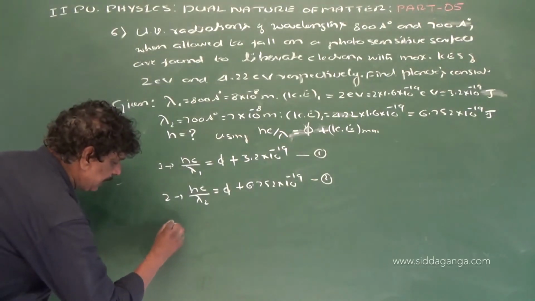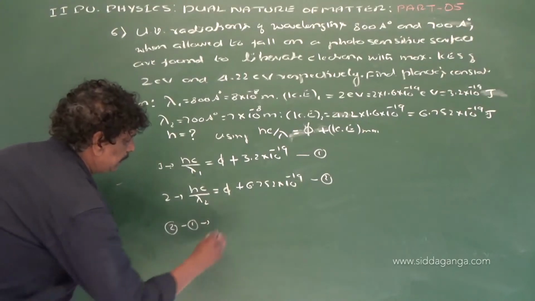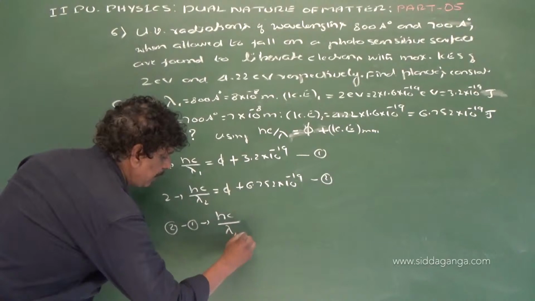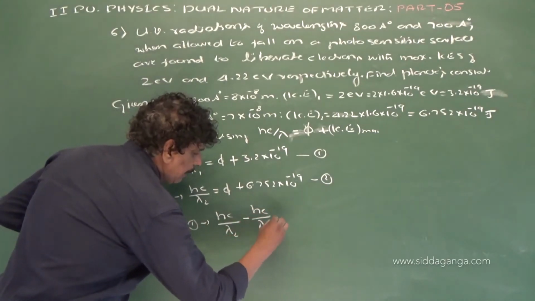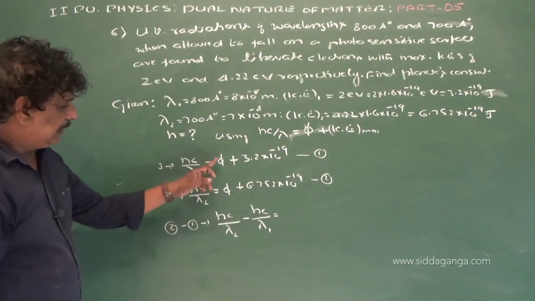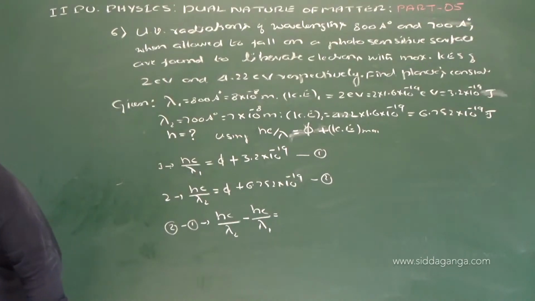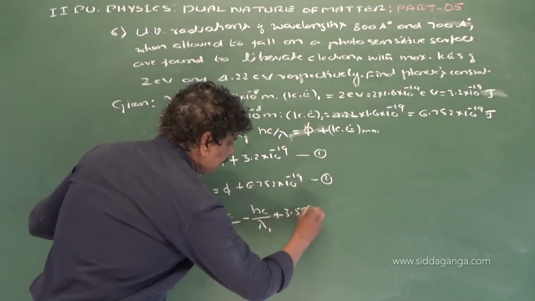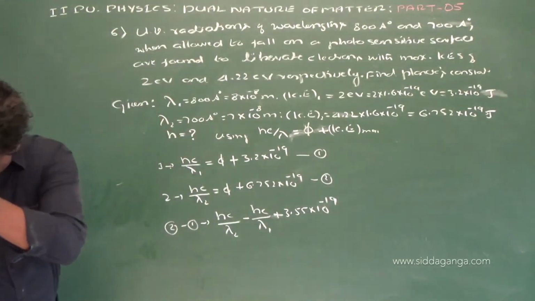Now, subtracting equation 2 minus equation 1, that is hc by lambda 2 minus hc by lambda 1. Now, phi gets cancelled. If we subtract that value, that comes out to be 3.55 into 10 raised to the power of minus 19.